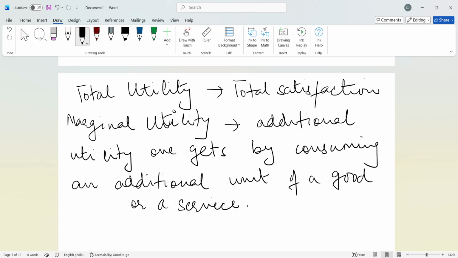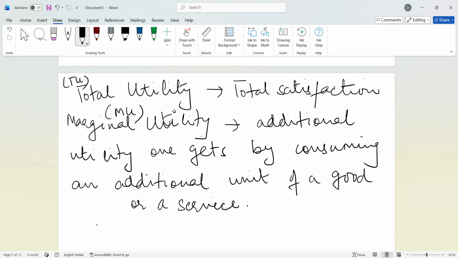All right. That's the major difference between total utility and marginal utility. Total utility is the total satisfaction that you get by consuming the number of units that you have consumed. Marginal utility is the additional utility that you get by consuming an additional unit of a good or a service. All right. Now, going forward, I'll be using these symbols for total and marginal utility: TU and MU.